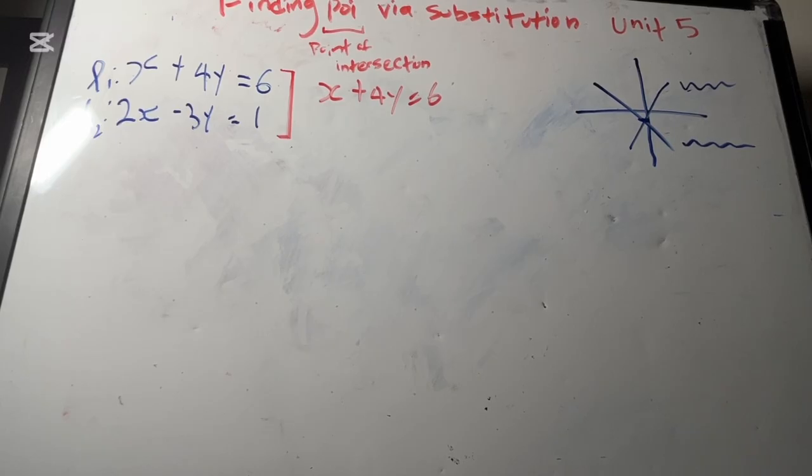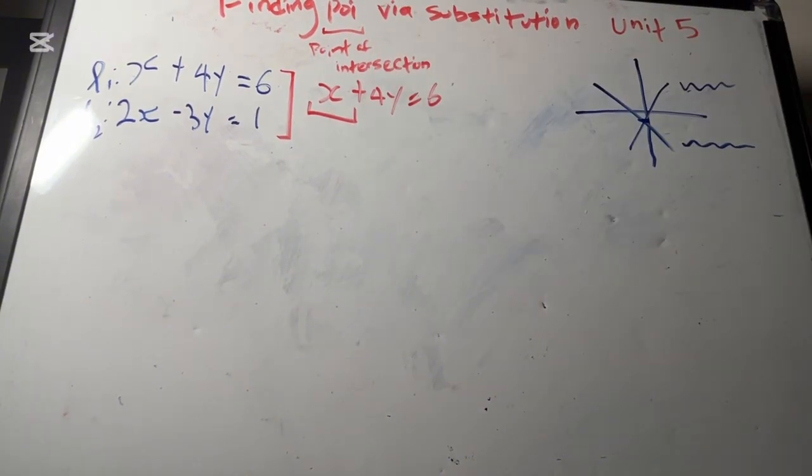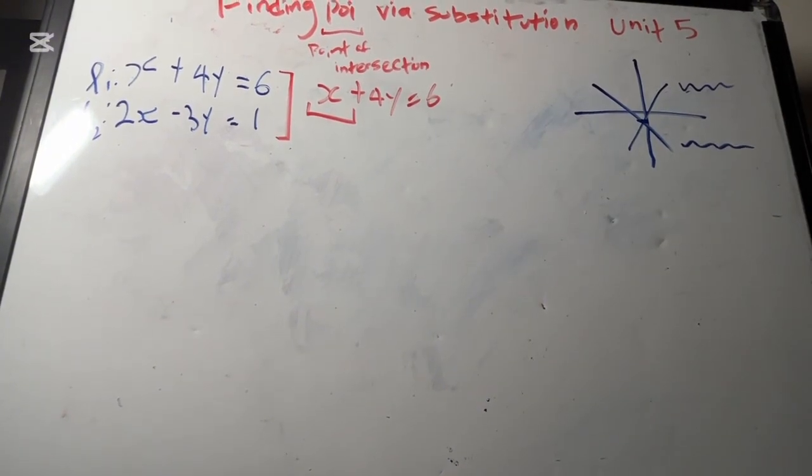And what you want to do here is you see here, x is completely isolated without any coefficient, and because of this, it's far easier to do substitution with this specific equation. Now, you could do it with the second equation, but the first equation will save you a lot more time, and that's what you're aiming for in IB.